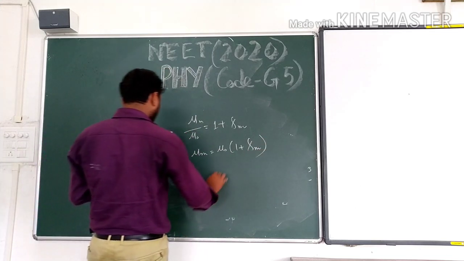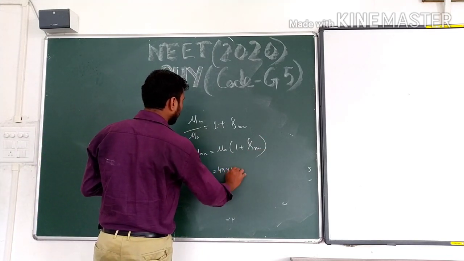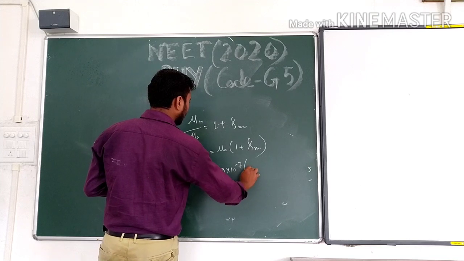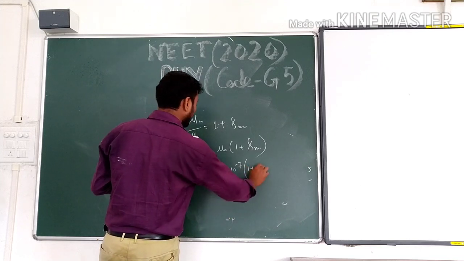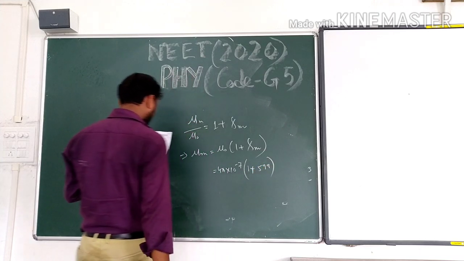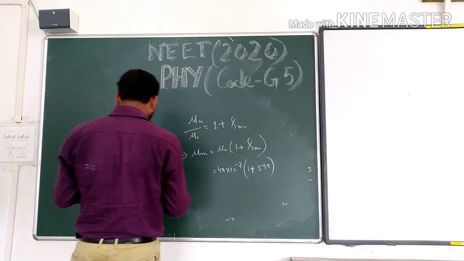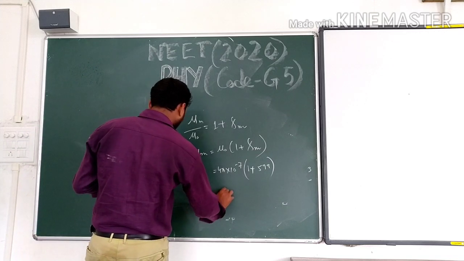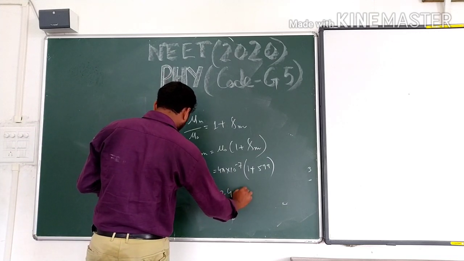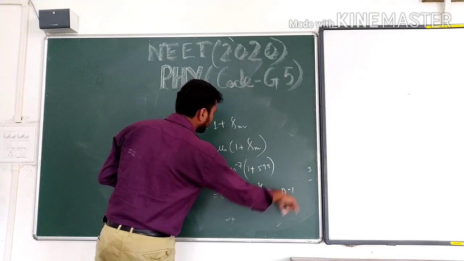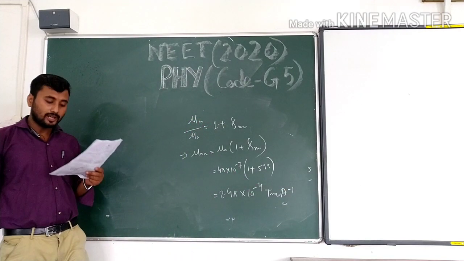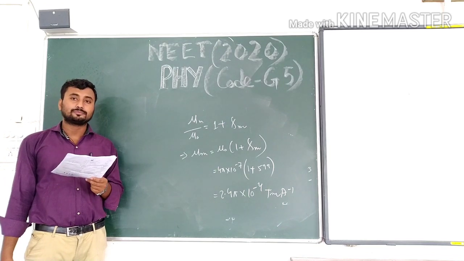It will be 4 pi into 10 to the minus 7 into 1 plus 599. So it will be equal to 2.45 into 10 to the minus 4 Tesla meter ampere inverse. Okay, option 4 is correct.